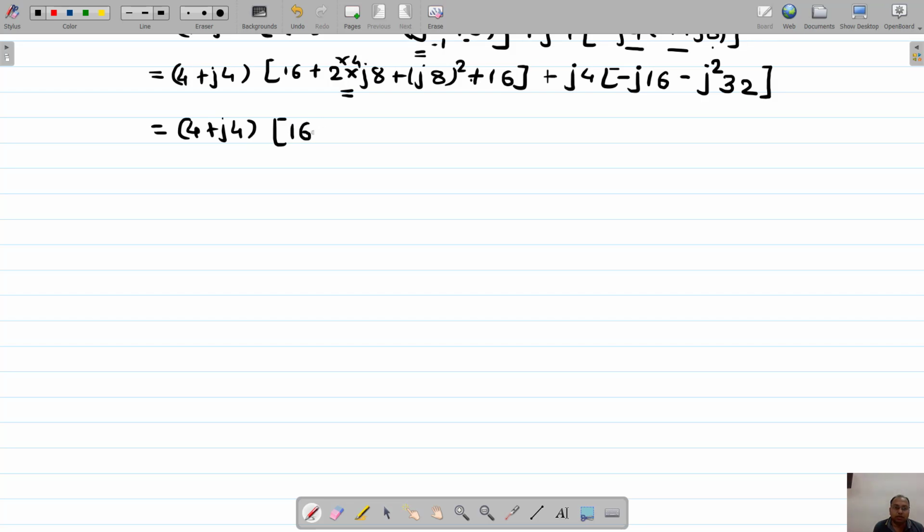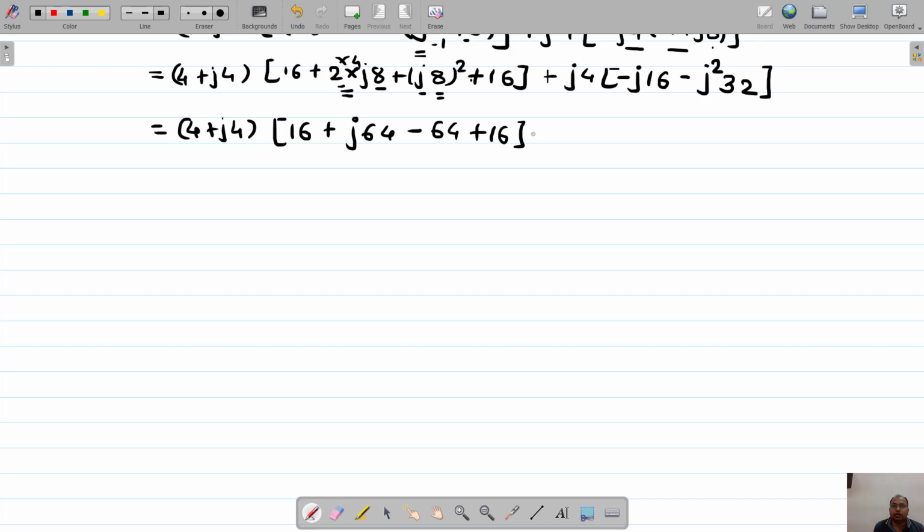So 16 plus 2 into 4 into 8 is 64, so j64, and this is going to become j square, and j square is minus 1, so minus 64, since 8 square is 64. So it is going to get added with 16.